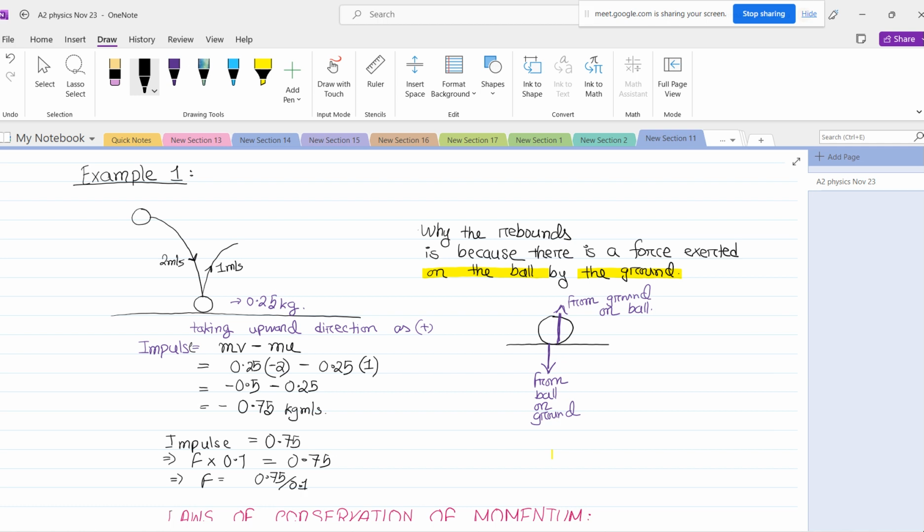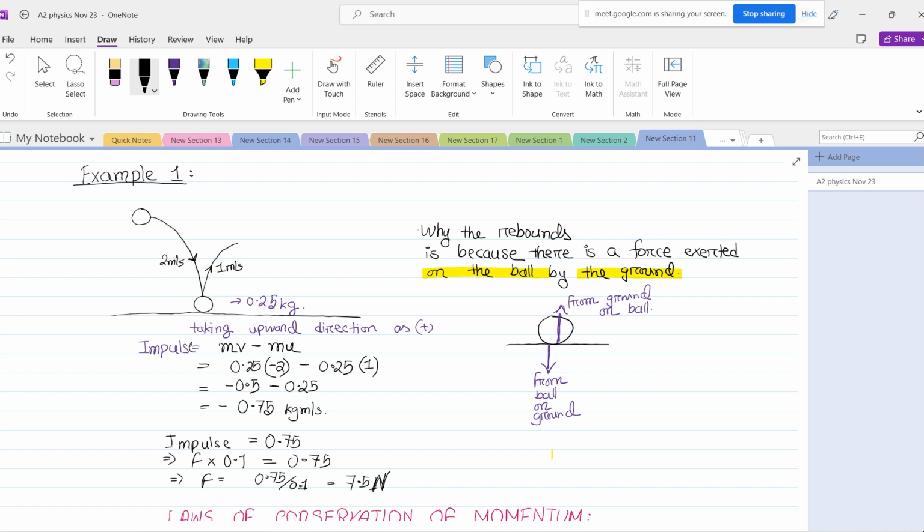If you calculate it, it will be 7.5 Newton. So this is the value of force exerted on the ball by the ground.